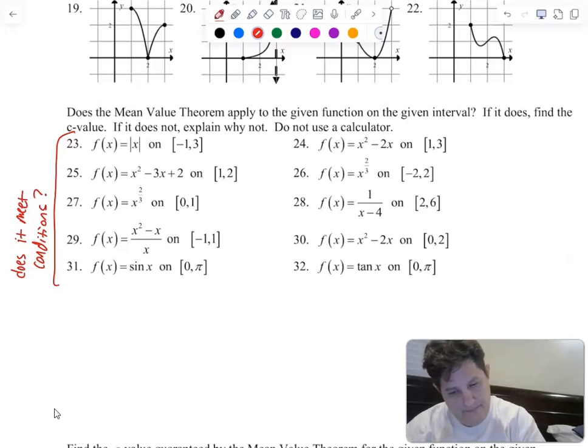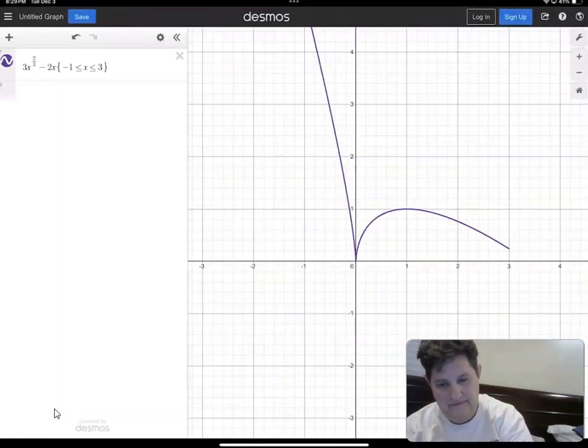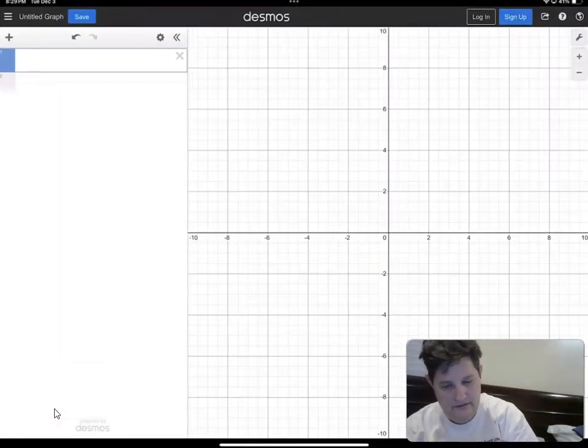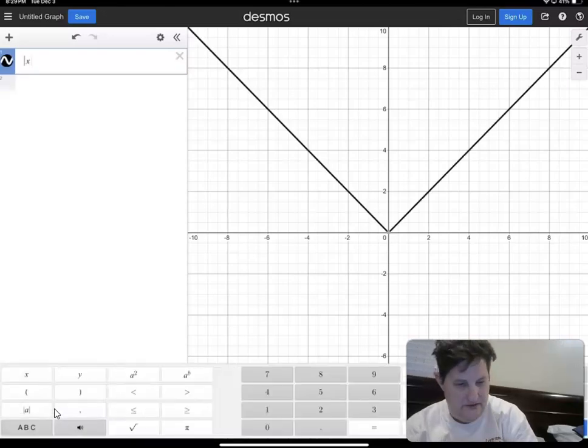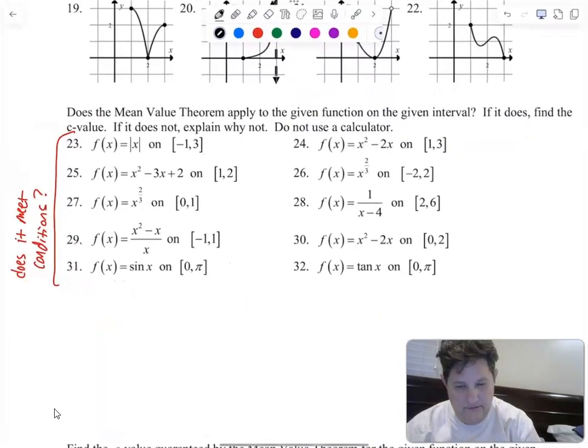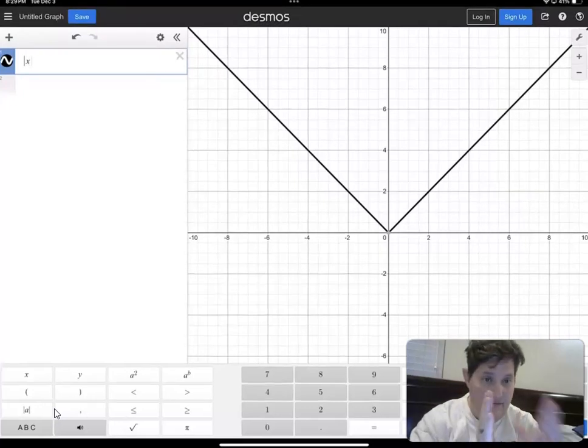Think about number 23. Let's just think about the graph of absolute value of x. I know you all know what this looks like. Boom. And this was on -1 to 3.